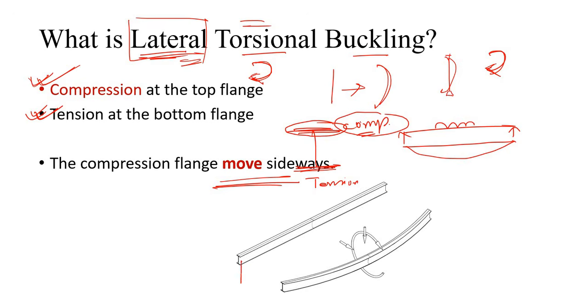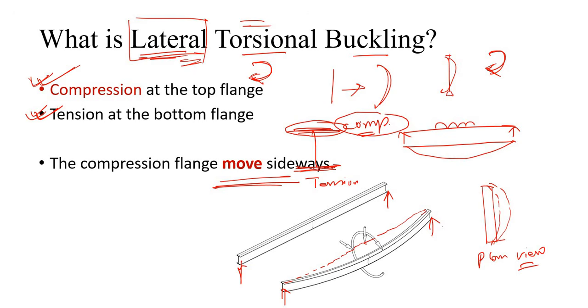It was the initial shape, and once loading has been applied, due to this buckling, it has bent, right? Not in the vertical plane, actually it is in the horizontal plane. So if we take the plan view, if it was the initial shape, now it has become like this. This is the plan view, right?